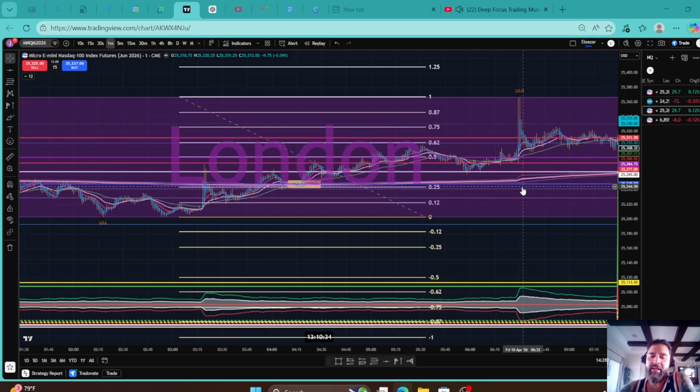Now right off the bat, guys, when I looked at this, normally I like to see my POCs above both mids, and I didn't see that today. They were kind of mixed, but nonetheless, we were leaning longs, leaning to go north of structure.